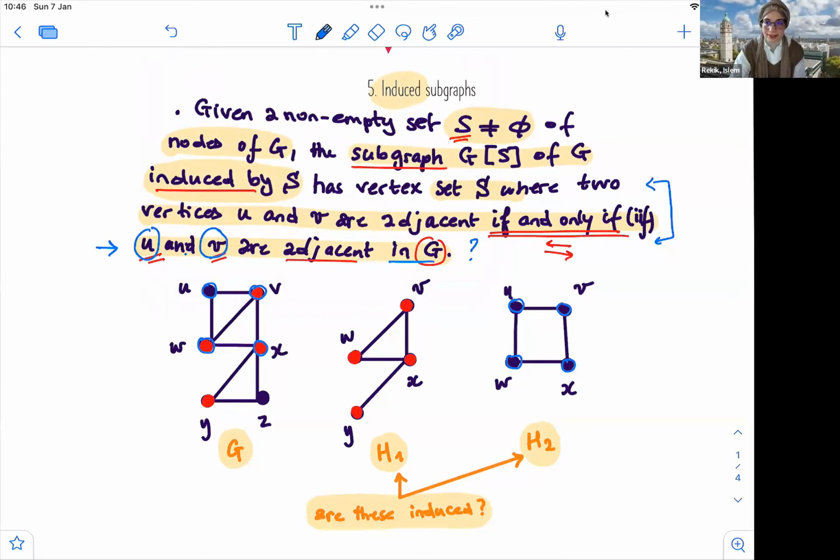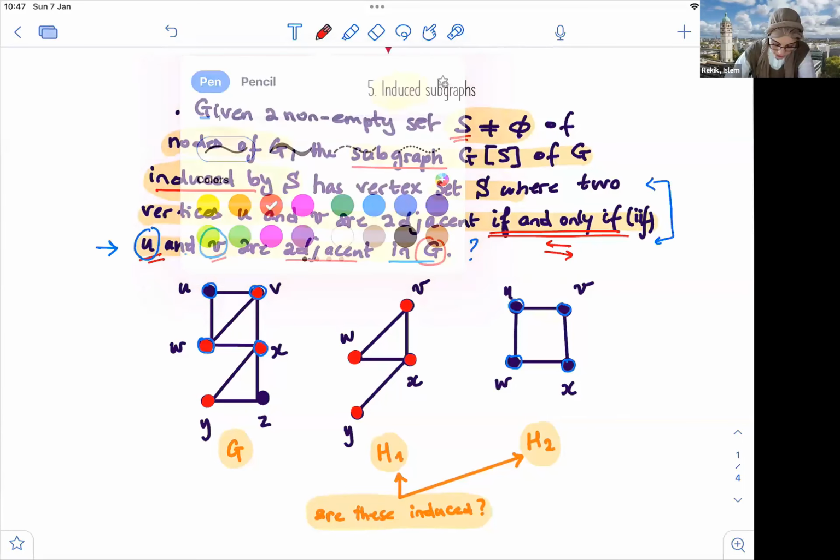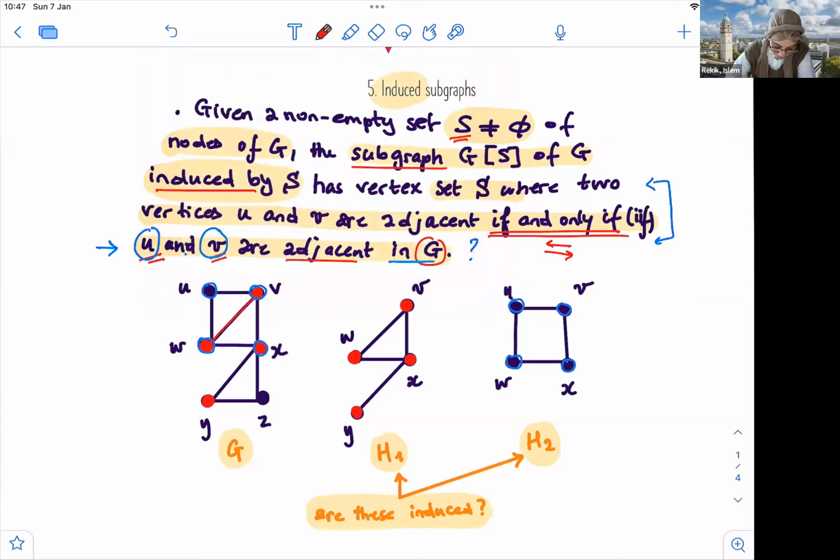So let's take a few seconds to think about this, and I'll give you the answer in a bit. The answer is that H1 is actually induced by the set of nodes that we selected here, because it includes all the immediate connectivities between these nodes. You can see that all of these are connected.